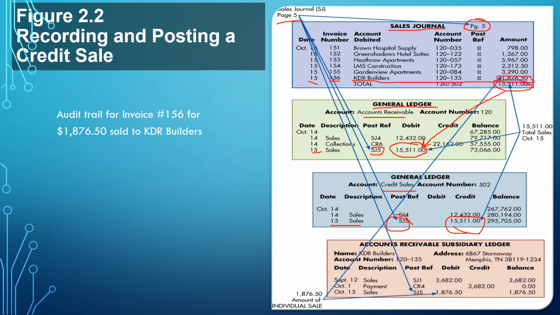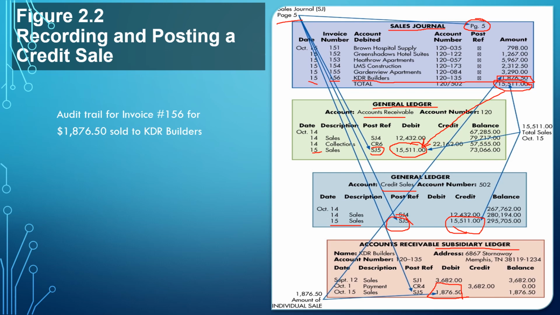And then in the account receivable subsidiary ledger, we have the details of each transaction. So you can see here the amount is 1,876.5. This one is recorded in detail here, but the total of the transactions can be found in the general ledger.